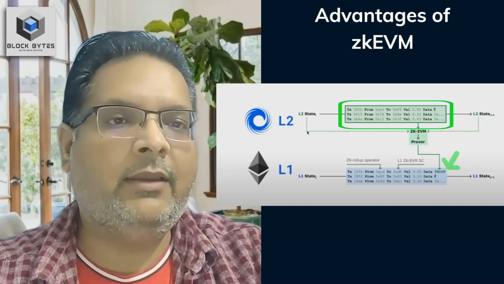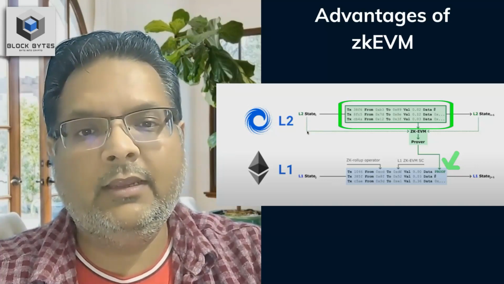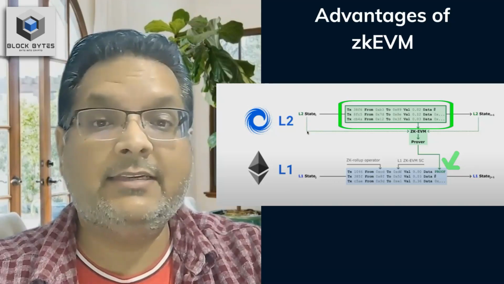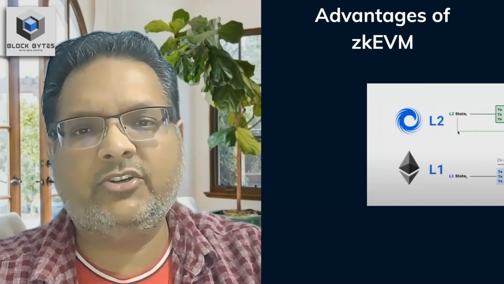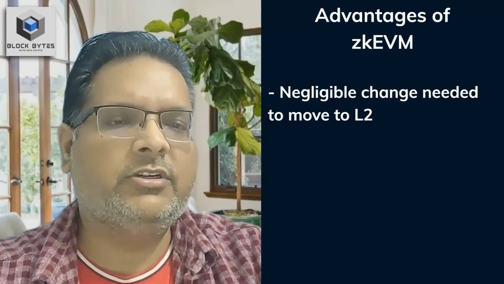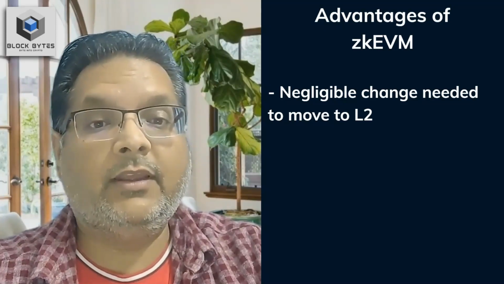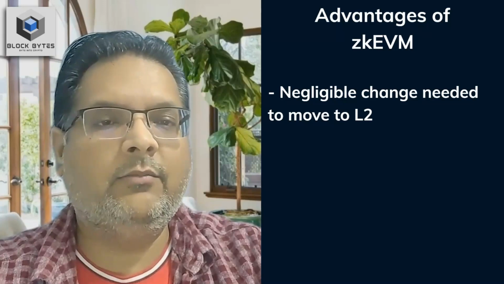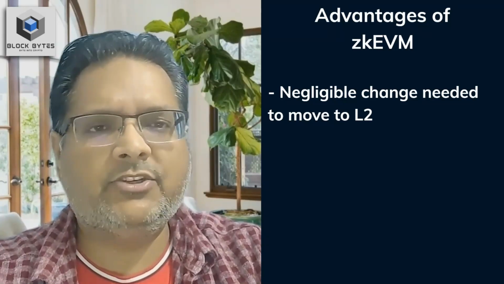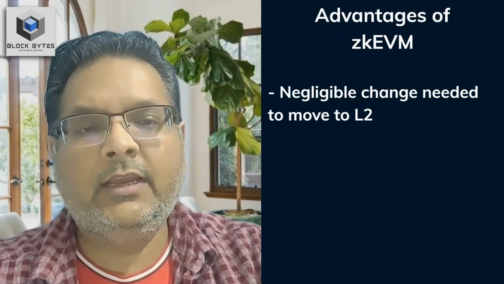Since there is now an inbuilt compatibility, applications deployed on Ethereum can be moved as is with negligible changes. This is a very important advantage, as earlier applications would have to be modified before moving to layer 2s, which would take precious time and effort.